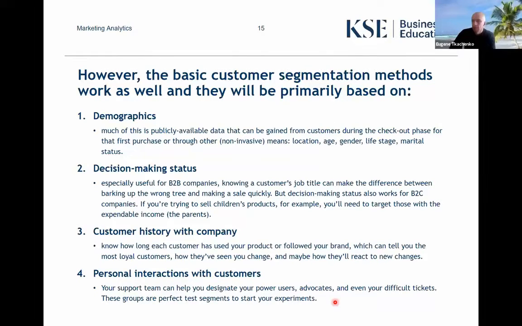So these groups would be the perfect test segments to start your experiments, because first of all, you will have access to them, asking questions like what has changed recently, or you can offer them to participate in your test, or ask them to fill in a survey.